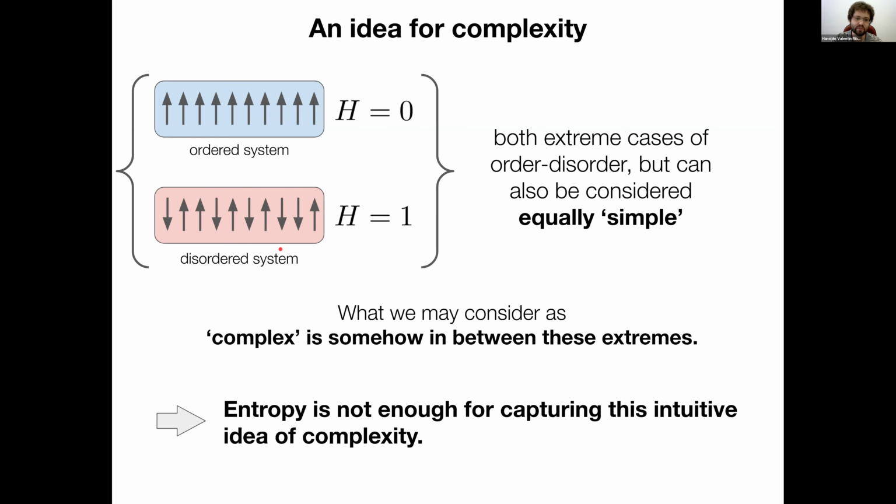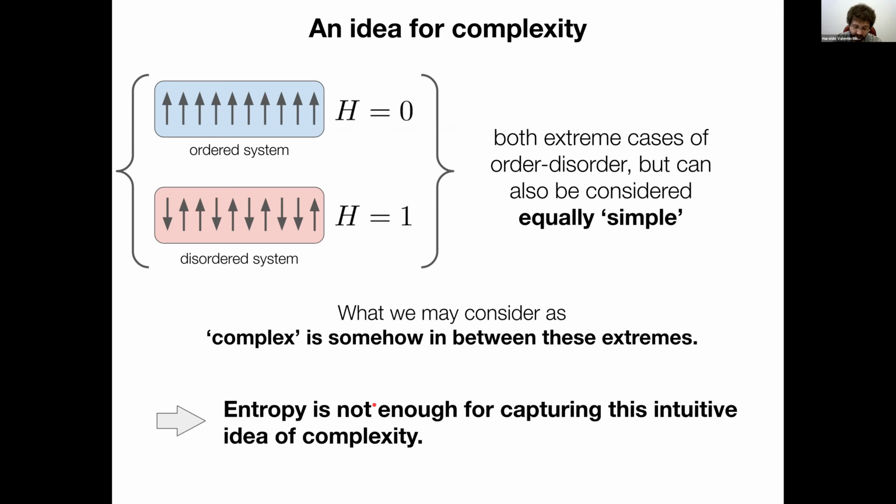And in the other extreme, of a very disordered system, we also need just one probability because all probabilities are the same. So the system is close to a uniform distribution. So perhaps we can agree that these 2 systems are equally simple. And what we may consider as a complex system is somehow in between these 2 extremes, between the ordered system and the disordered system.